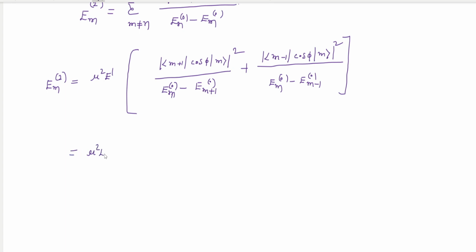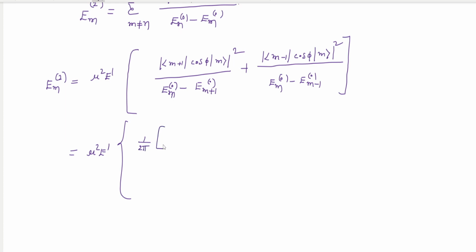After using this m plus 1 state and m minus 1 state, mu square e prime, here 1 divided by root pi is there. So therefore 1 divided by 2 pi.